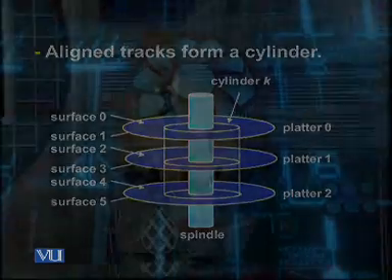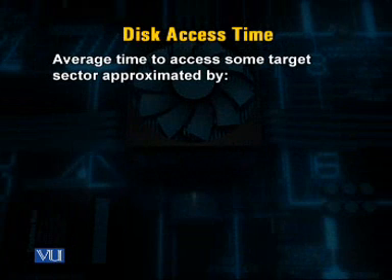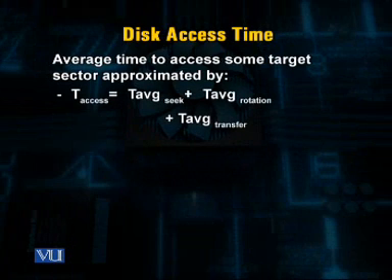Now let us see how we measure the access time for a disk. The access time for a disk is defined with the help of different types of times. For example, the average access time to some target is approximately defined as the sum of the average seek time plus the average rotation time and the transfer time.